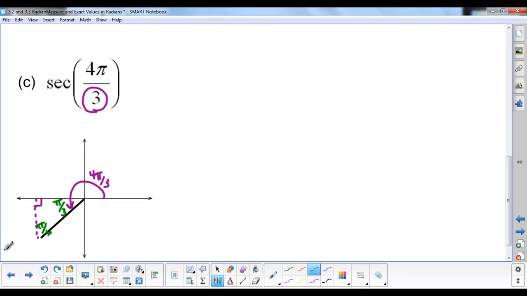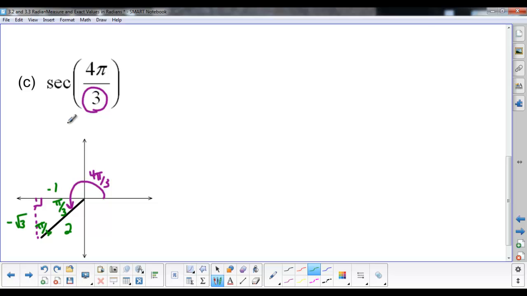And then we just start filling in the side lengths. So opposite of pi by 3 is going to be root 3. I'm going to put negative. Opposite of the pi by 6 is 1. But because we went left on the x-axis, I'm going to put negative 1. And then finally, our r value, always positive, is going to be 2 in this case. Now, again, a couple of things to remember here.